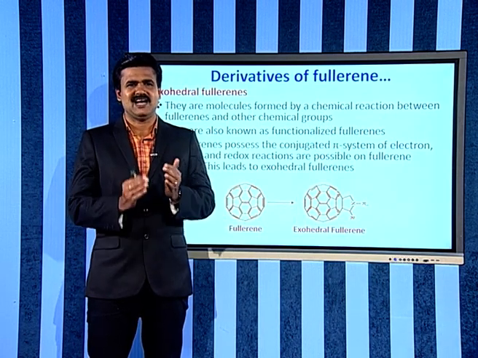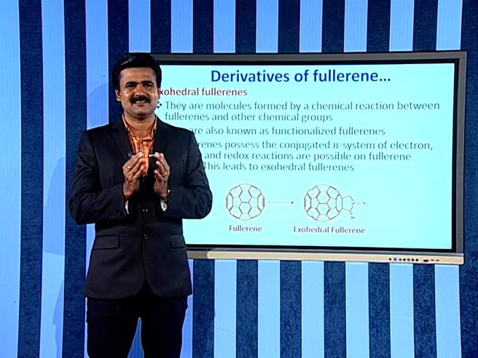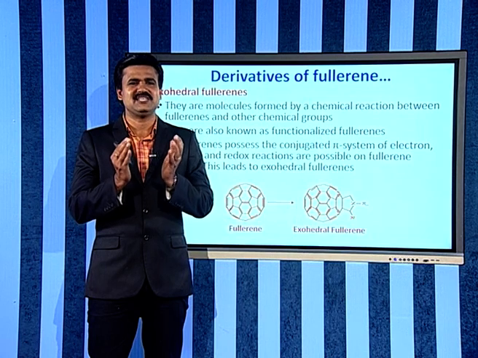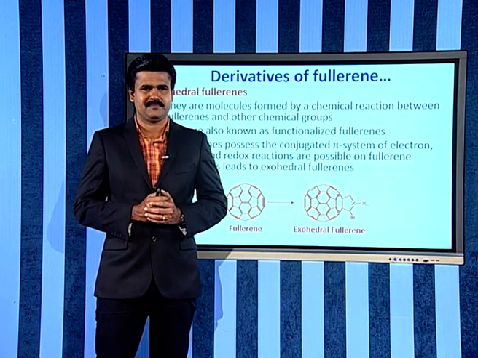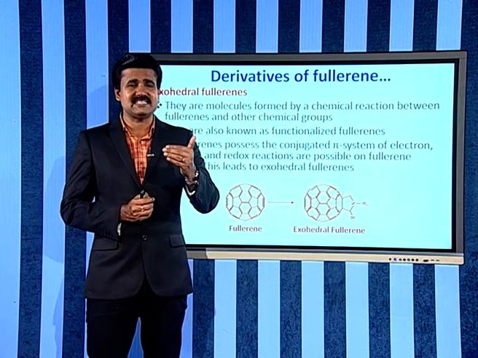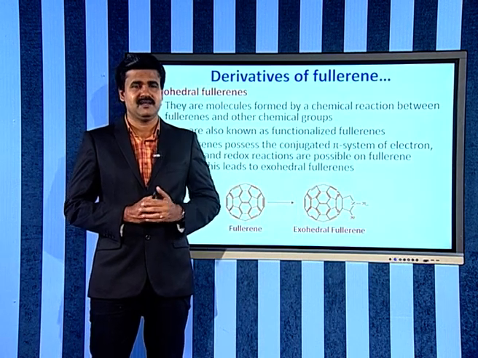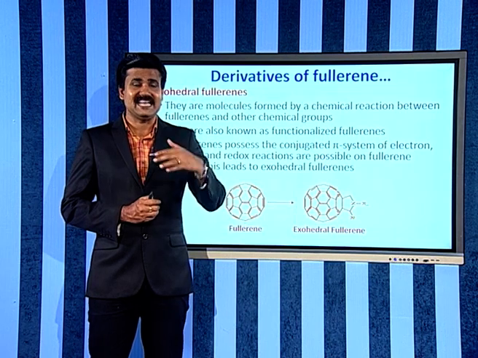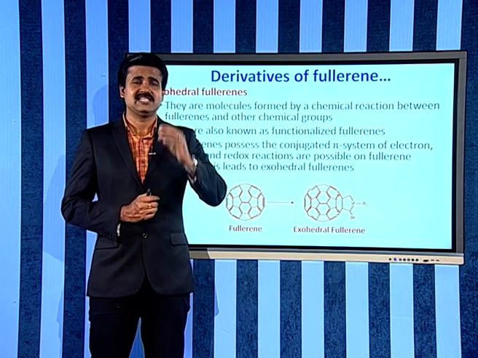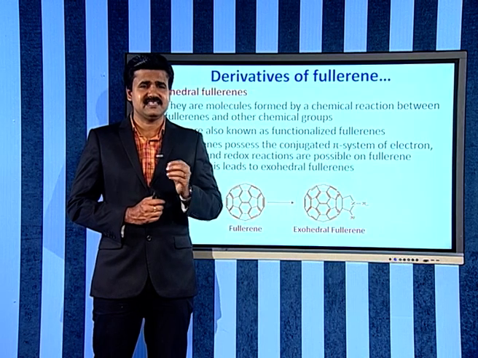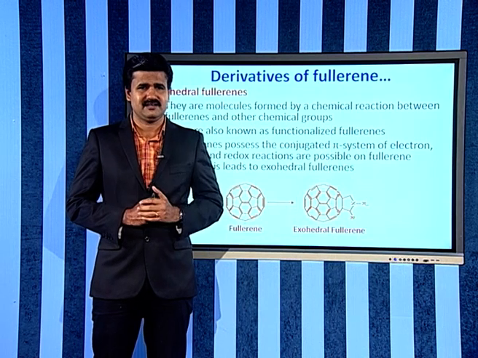Exohedral, as the name indicates, means some groups are present outside the cavity or shell of the fullerene. It is just the opposite arrangement of endohedral fullerene.